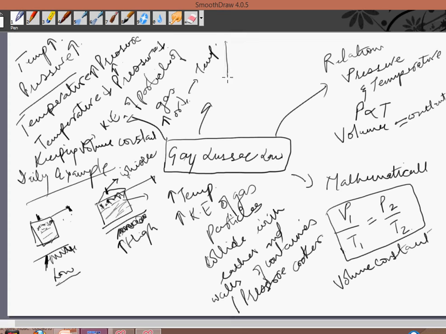Now, if we plot a graph, pressure against temperature, what will happen? It goes like this, keeping V constant, right? So it's very simple to understand that when the temperature goes on increasing, the pressure goes on increasing simultaneously.